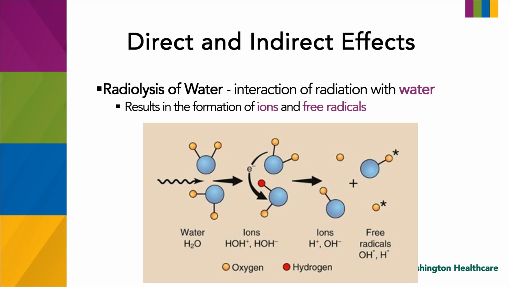ions and free radicals. In this process, we form ions, which are either positive or negative charged particles, HOH plus or HOH minus. It could be H plus, OH minus, but these are ions, whereas free radicals are signified by an asterisk.